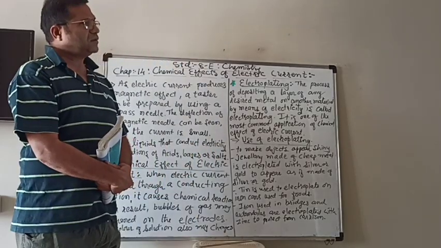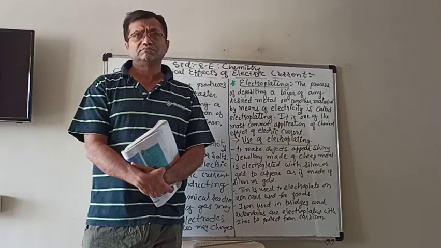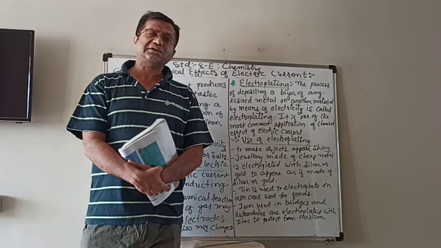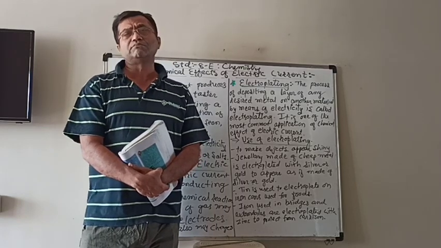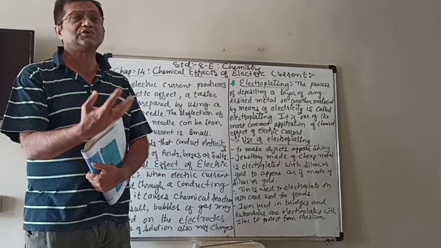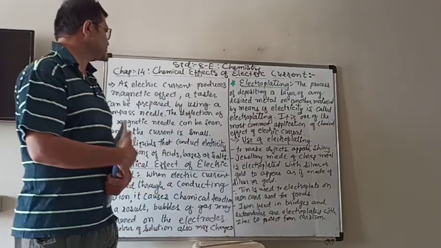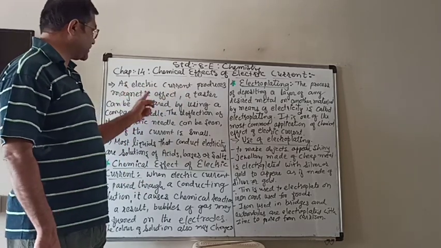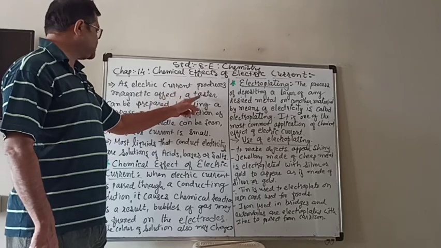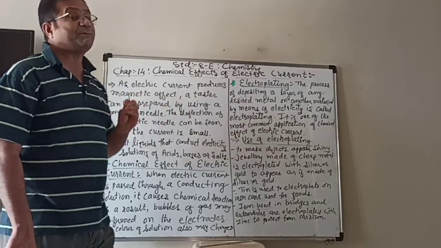Now you know the magnetic effect of electric current: when electric current passes through a conducting material, it produces a magnetic field around it. So as electric current produces a magnetic effect, a tester can also be prepared using a compass needle.